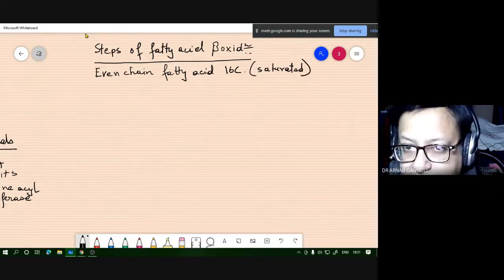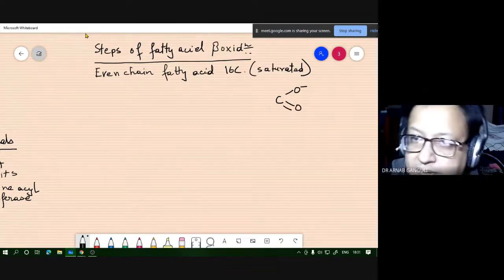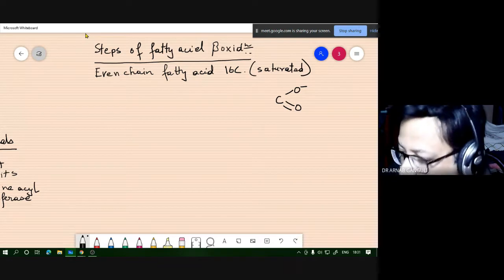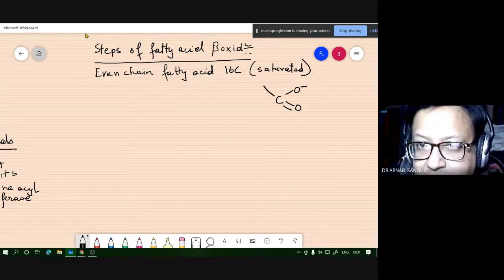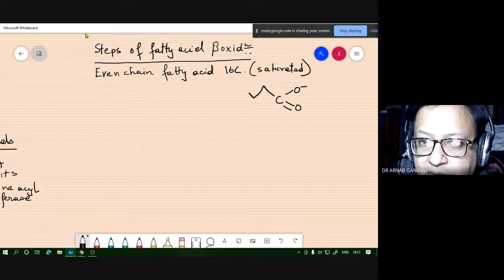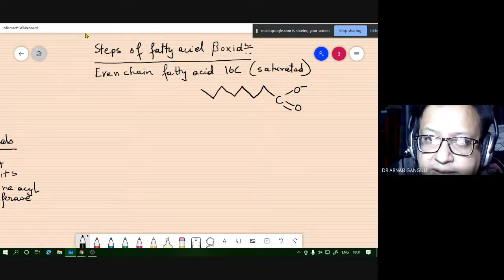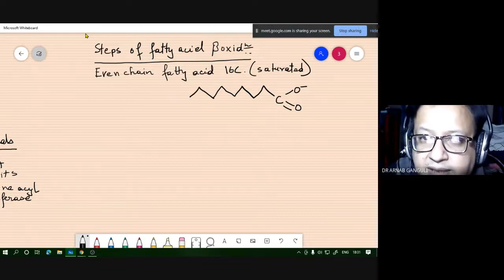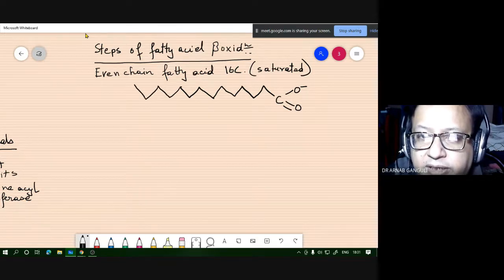So let's draw the fatty acid first. This is the first carbon. 1, 2, 3, 4, 5, 6, 7, 8, 9, 10, 11, 12, 13, 14, 15, 16.